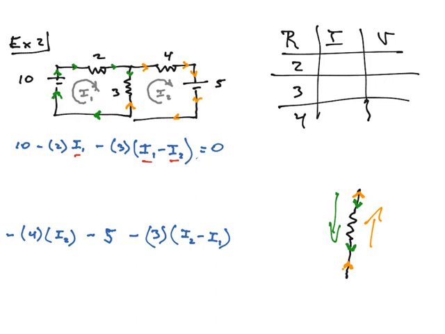But remember, each equation is separate, and the directionality is chosen for that particular loop. For the first equation, I1 was the positive direction. However, for the second equation, we're looking at the second loop, and the second loop is all about I2. So I2 will be the positive direction now.